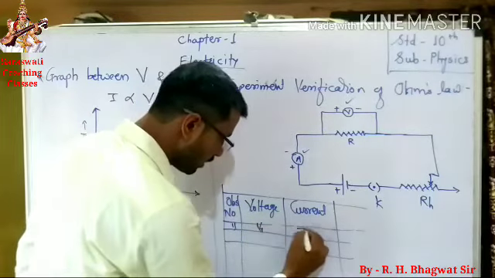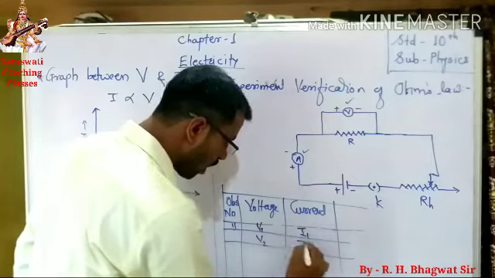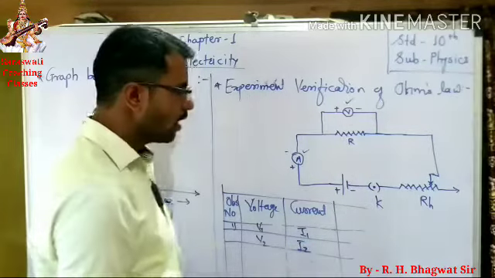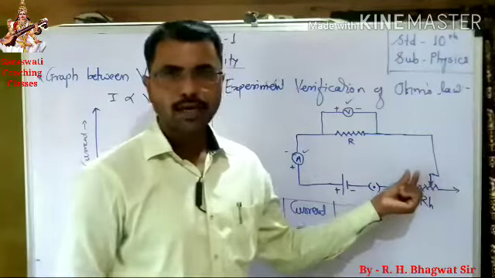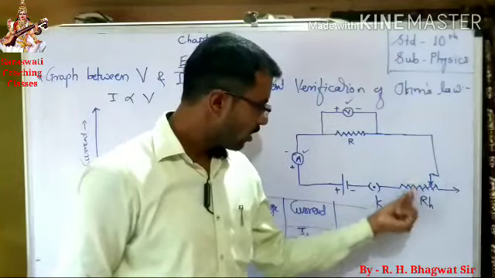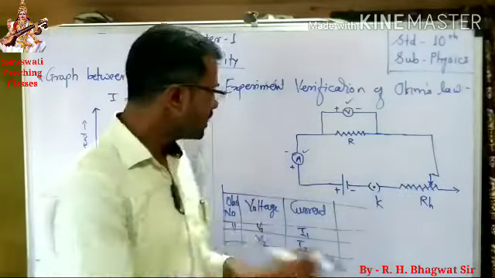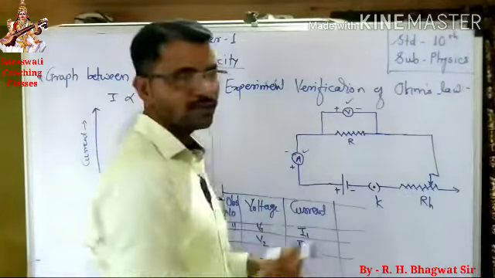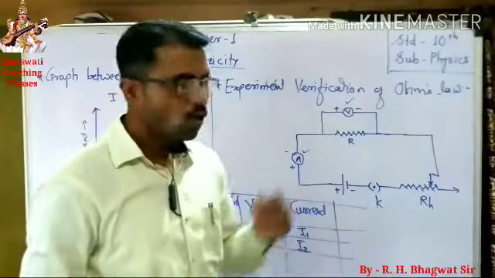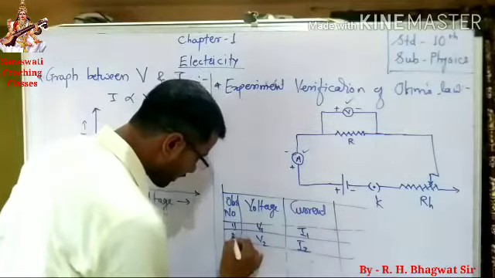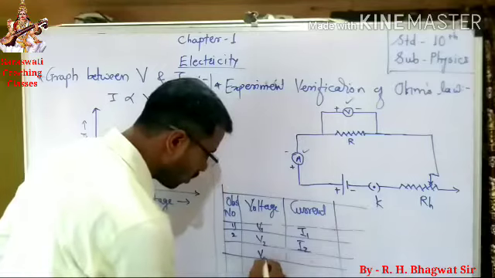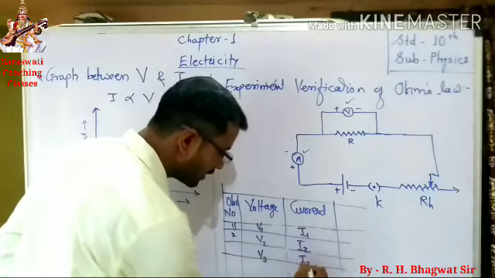V1 here I1, V2 I2. Similarly, by adjusting that rheostat at different points, we have to measure the corresponding current and voltage. Now we get a number of readings, V3 and I3.